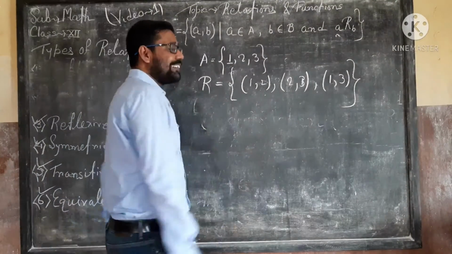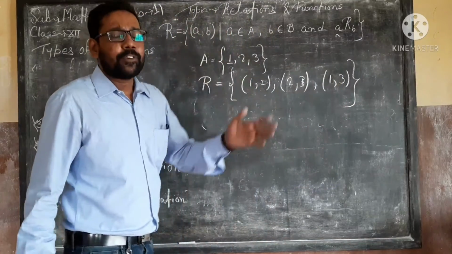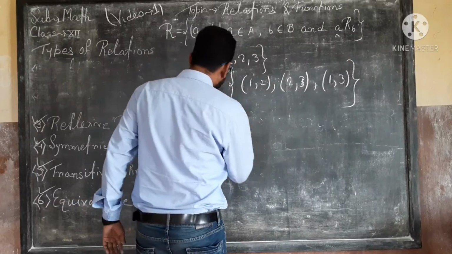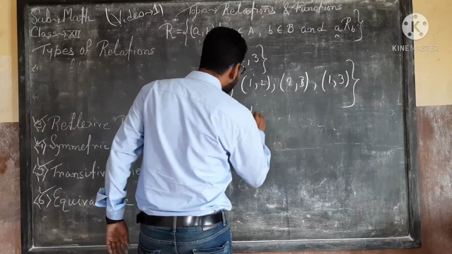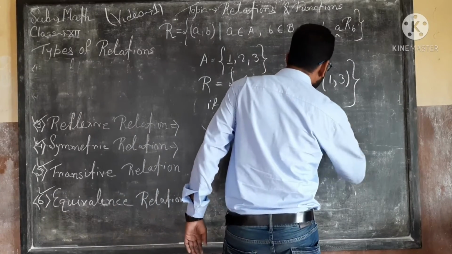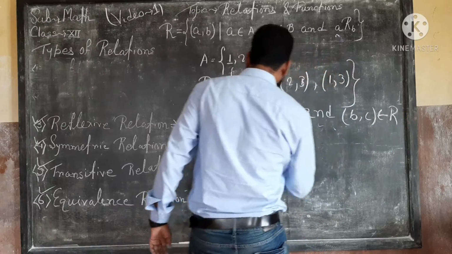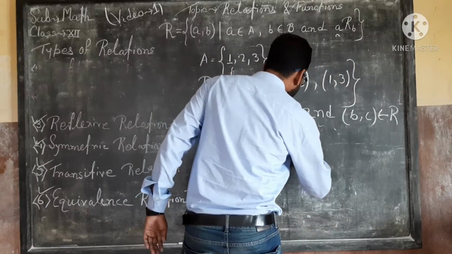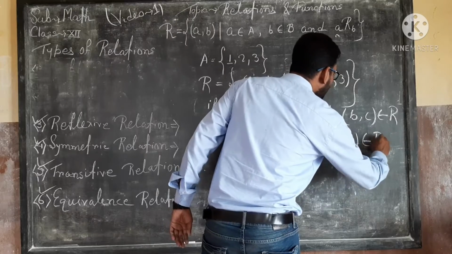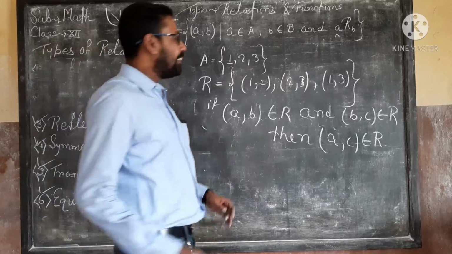So what is the condition for checking that a relation is in the transitive form or not? If (a, b) belongs to R and (b, c) also belongs to R, then (a, c) belongs to R. So this is the condition of the transitive relations.